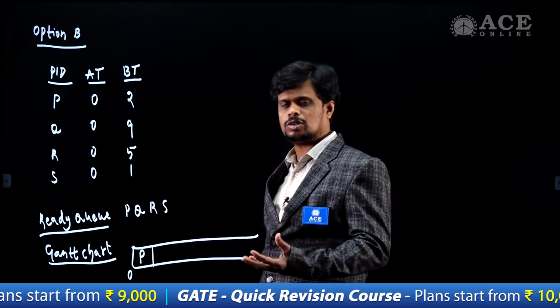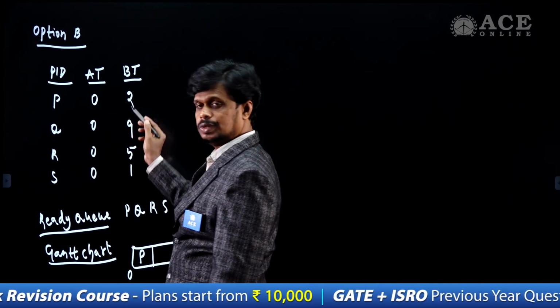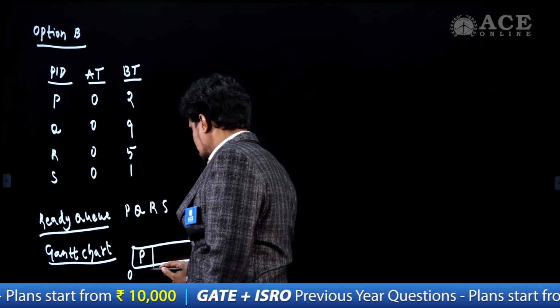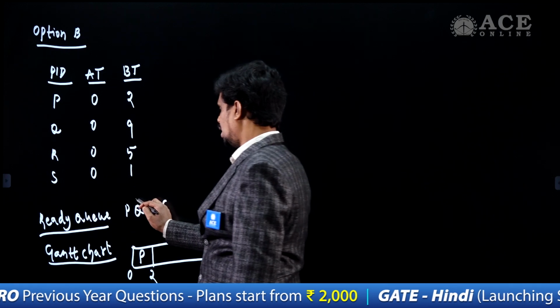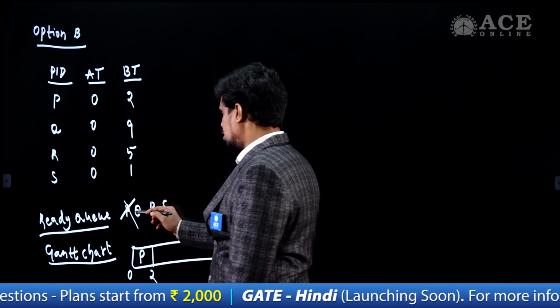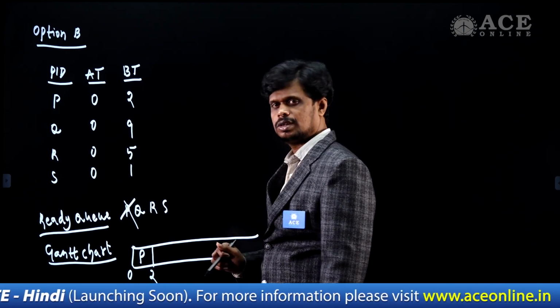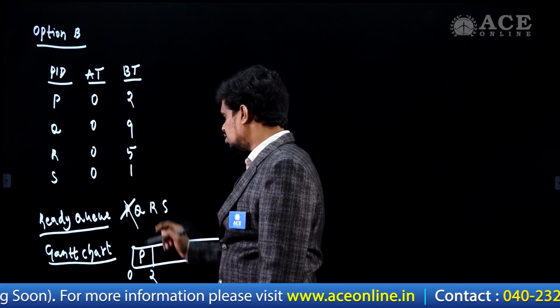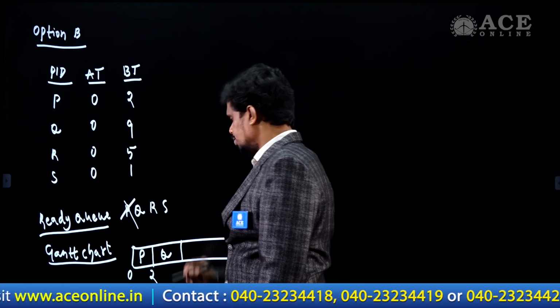How much time does it execute? What is the time quantum? 4. But what is the execution time of P? 2, which is less than the time quantum. So it can execute till 2 and there is no need to add P back to the ready queue. So now we have the ready queue Q, R, S. Among them, Q is the first process. So that Q will be handed over to the CPU.